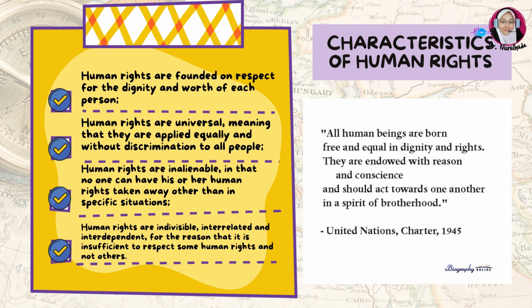Secondly, human rights are universal, meaning that they are applied equally and without discrimination to all people. Thirdly, human rights are inalienable in that no one can have his or her human rights taken away other than in specific situations. And fourthly, human rights are indivisible, interrelated, and interdependent, for the reason that it is insufficient to respect some human rights and not others.